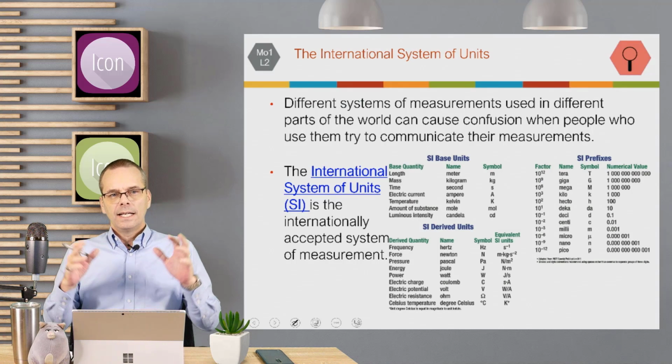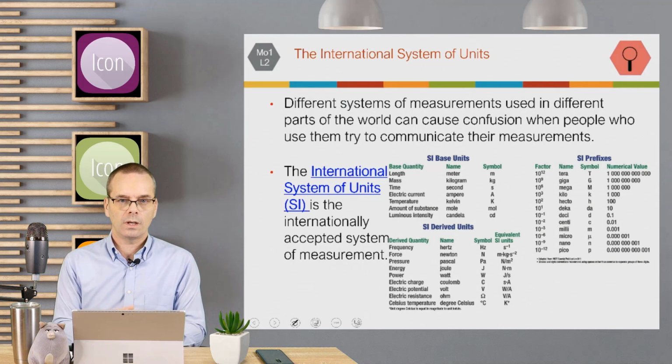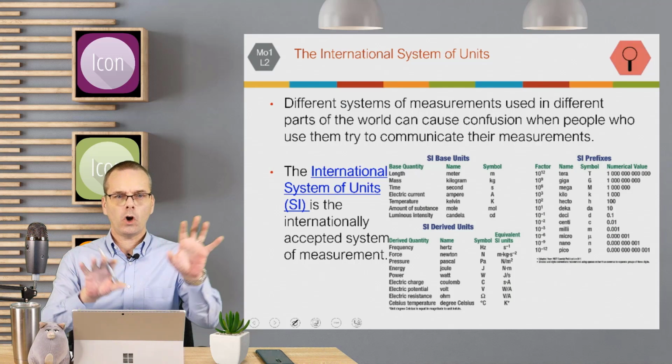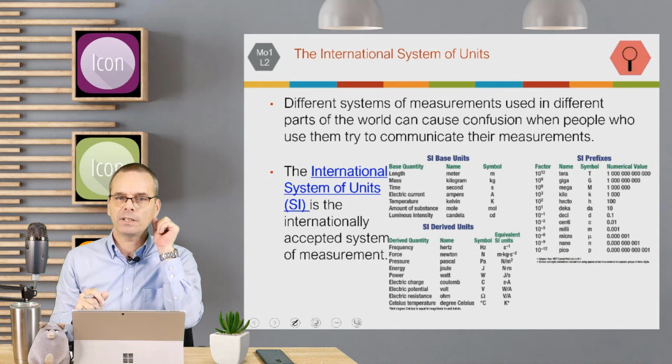Now imagine in Thailand, they measure land by rai. Some people measure it by square meters. Some people by kilometers. In America, we measure land by the acre or the square foot. So imagine all these people around the world, and they're all using different forms of measurement.